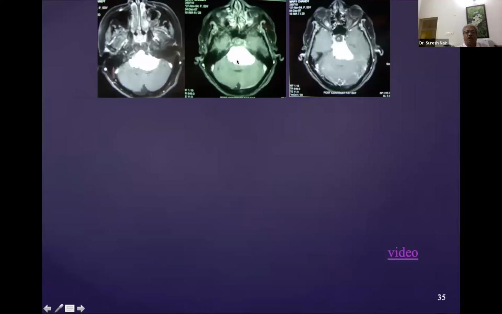So what approach will you do, Suri? There is a petroclival meningioma in zone 2, or what we call between the level of the lower border of the sella to the internal auditory canal area.